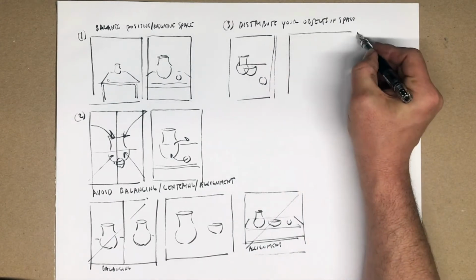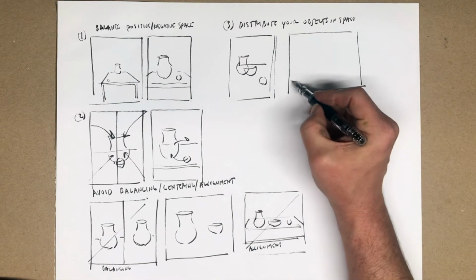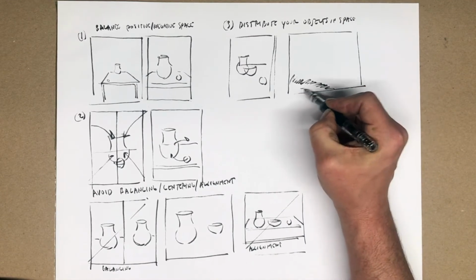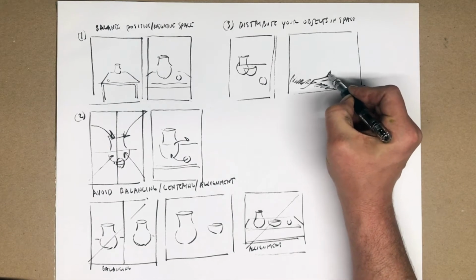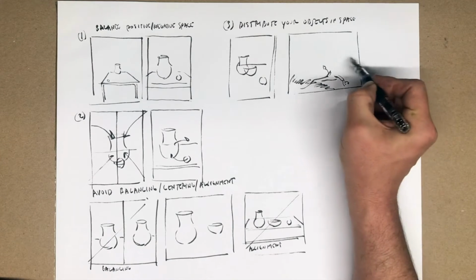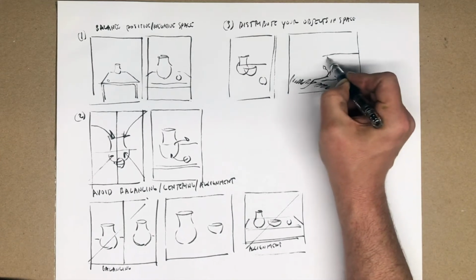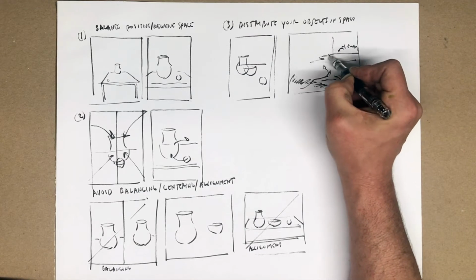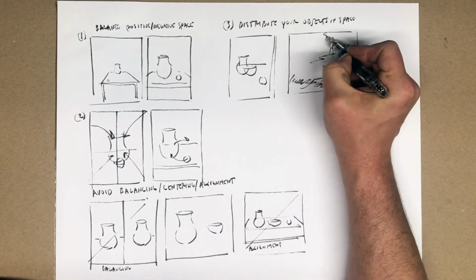So as an example, when you're doing a landscape, quite often you'll find successful compositions have something in the foreground, a branch, something in the middle ground, maybe some kind of pond with some bushes, and I don't know why that tree is coming out of the pond, but all right.